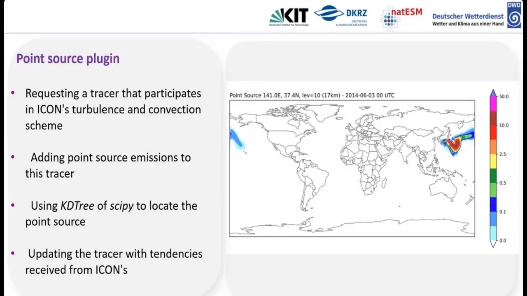For example, here we can use KDTree from SciPy to locate the point in the ICON unstructured grid. The tracer is updated with the tendencies from the convection and turbulence schemes received from ICON. It can easily be extended to real-world applications, for example, a radioactive point source or volcano-emitted ash.